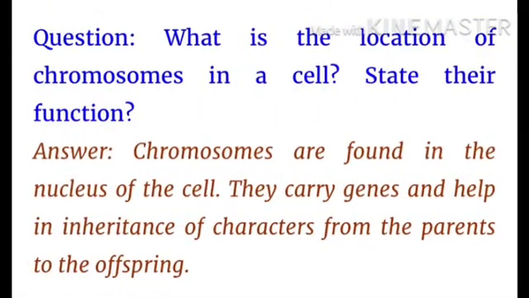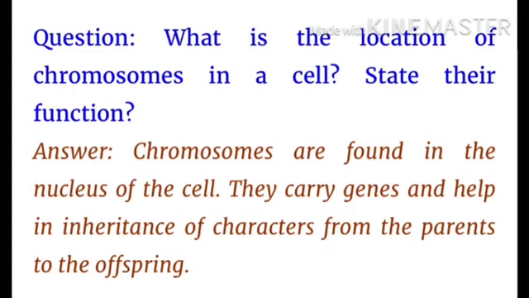Now the next question: what is the location of the chromosome in a cell? State their function. Chromosomes are found in the nucleus of the cell. They carry genes and help in inheritance of characters from the parents to the offspring.